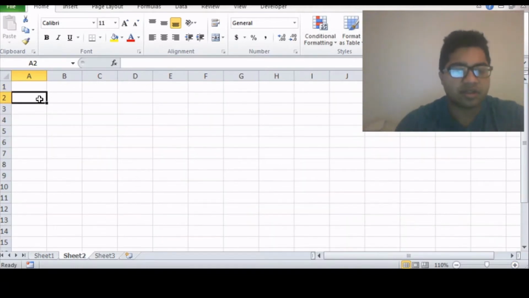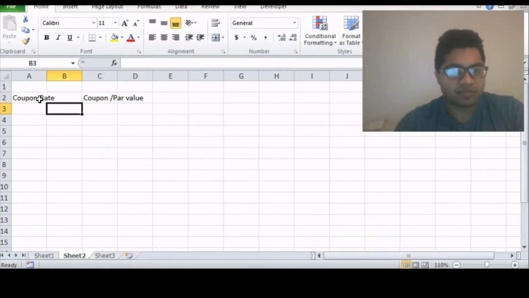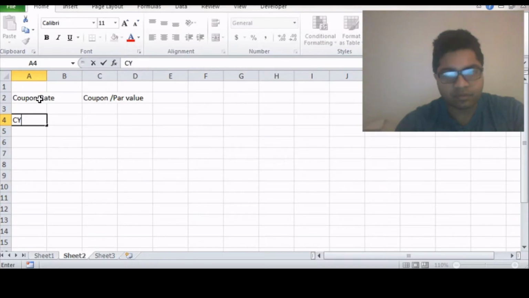I'm telling you the difference. For the coupon rate, the formula is the coupons that you are paid divided by par value. Now current yield is different. If you see the formula for current yield, it is the coupon that you get divided by the price that you pay to buy.